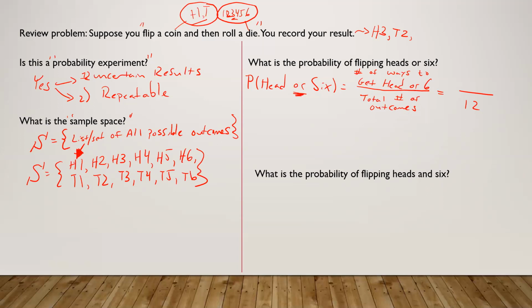So H1 is a head or a 6. Yes. Is H2 a head or a 6? Yes. H3? Yes. H4, H5, H6. Is T6, is that a head or a 6? Yeah. Oh. Yes. So it's 1, 2, 3, 4, 5, 6. The answer here is 7 out of 12. Okay.